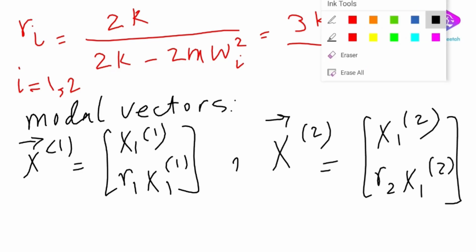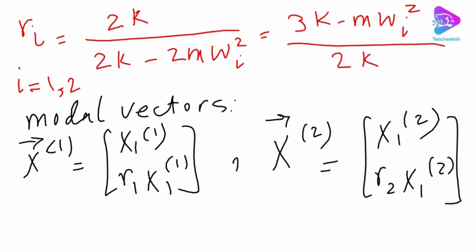And how do we find r1 and r2? We could simply find them here, and as you see, they are functions of the system variables like k, m, and omega, and omega 1 and omega 2 we found before, right? So everything is converted to known variables.